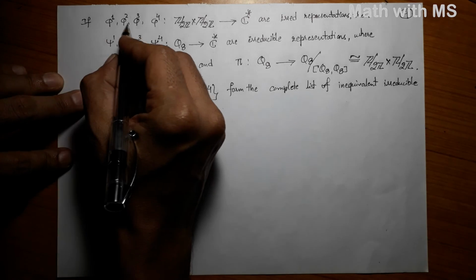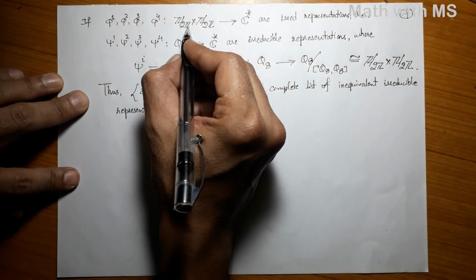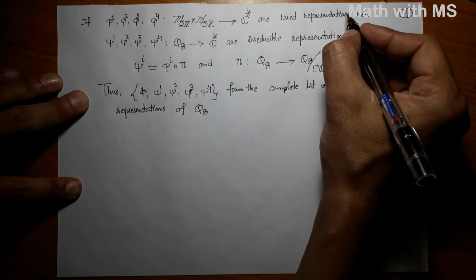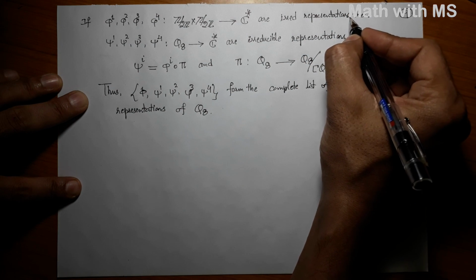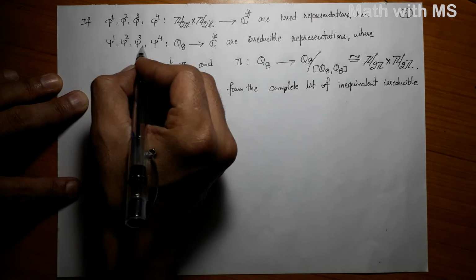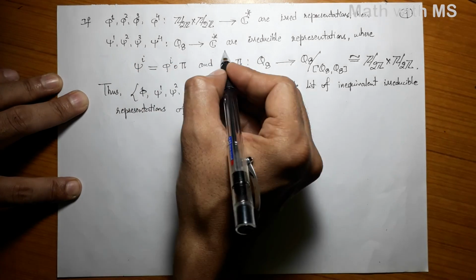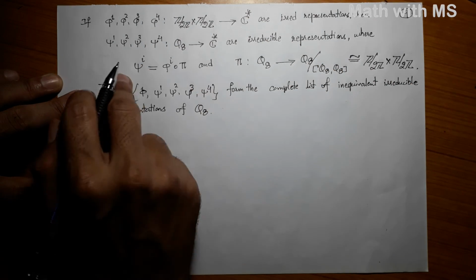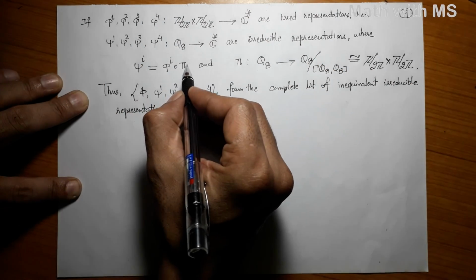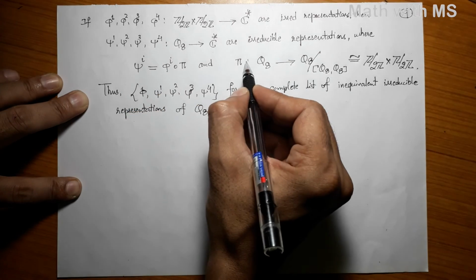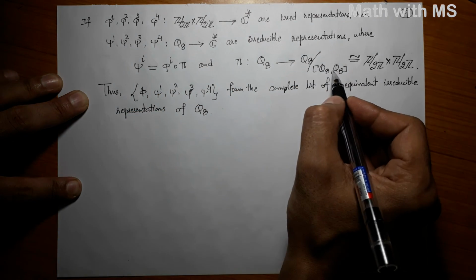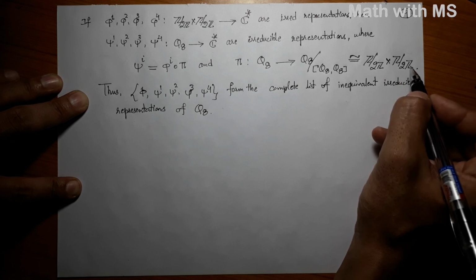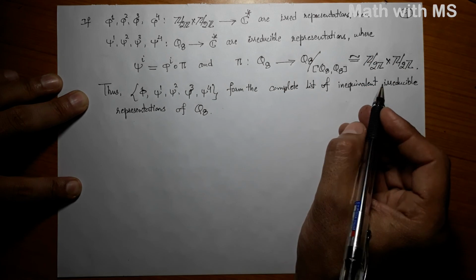Now if phi 1, phi 2, phi 3 and phi 4 from Z mod 2Z times Z mod 2Z to C star are all the irreducible representations that we in fact computed in this lecture itself, then psi 1, psi 2, psi 3, psi 4 from Q8 to C star are irreducible representations of the quaternion group Q8, where each psi i is just pi composed with phi i, where pi from Q8 to Q8 modulo its commutator, which is isomorphic to Z mod 2Z times Z mod 2Z, is the natural quotient map.